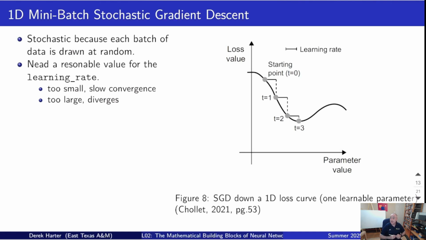So remember that the 4 steps that we talked about were: we draw a batch of training samples and the targets, y true. We run the model on those training inputs to obtain the predictions. That's the forward pass.